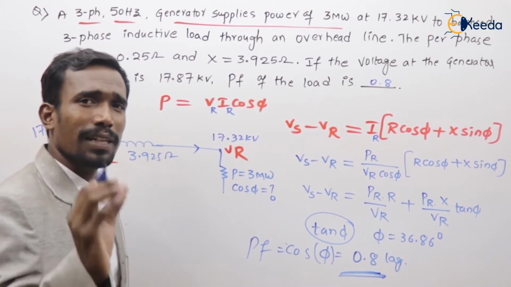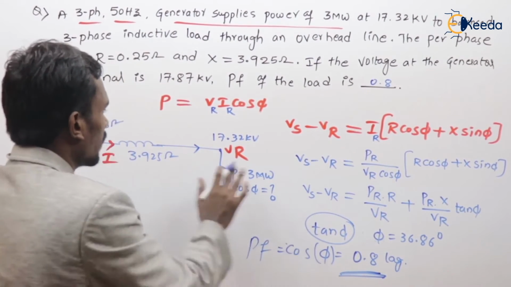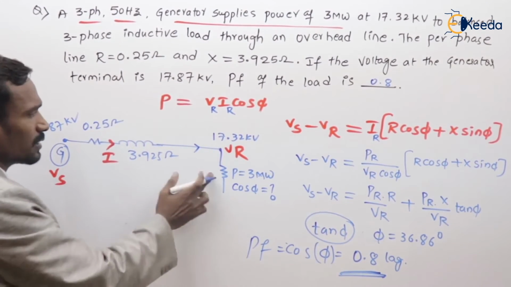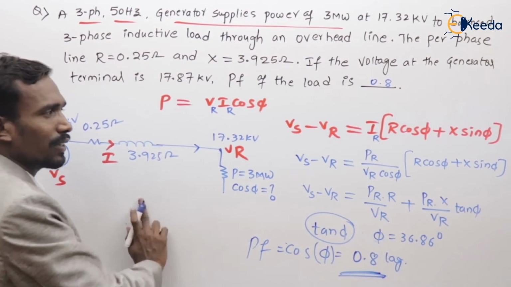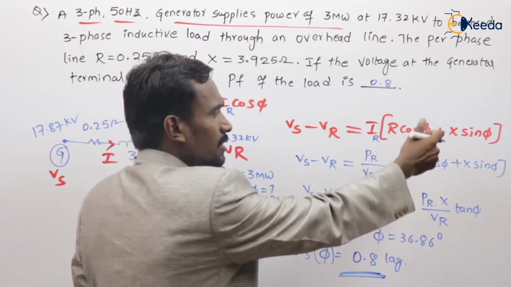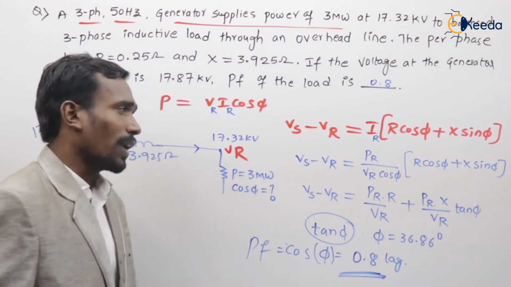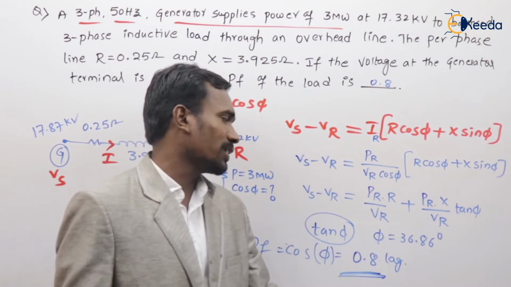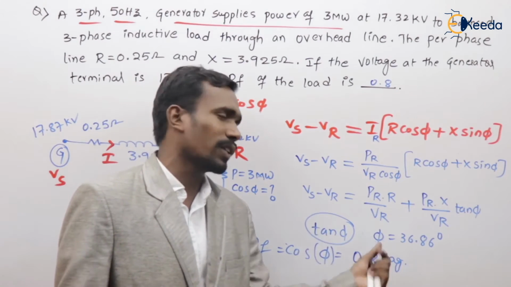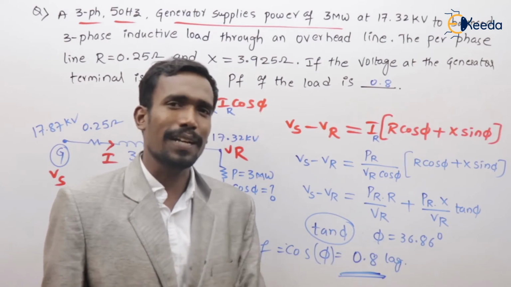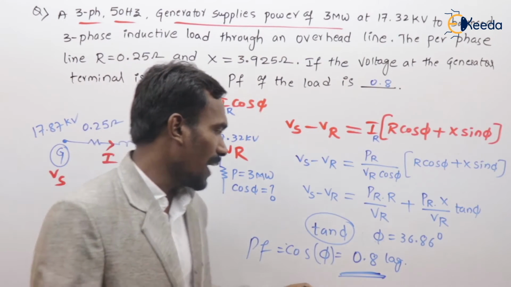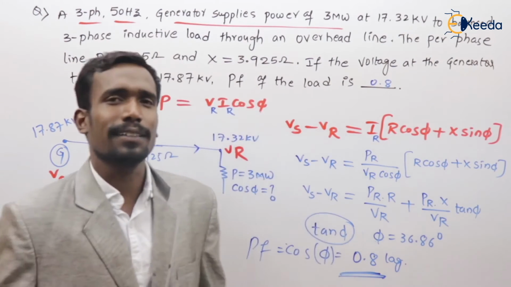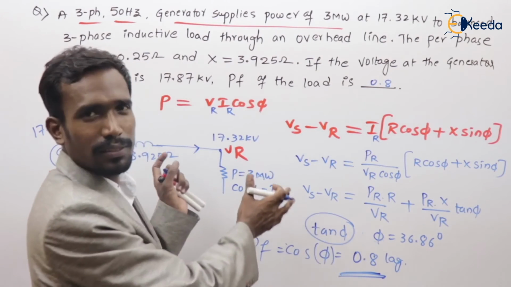See what I have done here? The difference between sending end and receiving end is the drop. This drop I calculated, and from that I substituted all the values, then calculated tan phi, then phi 36.86 degrees, then 0.8 lagging for this question.